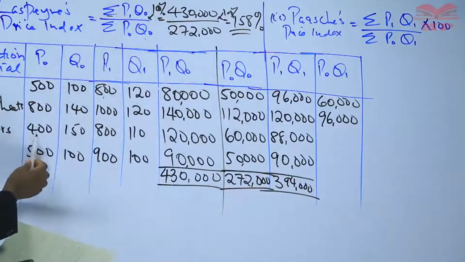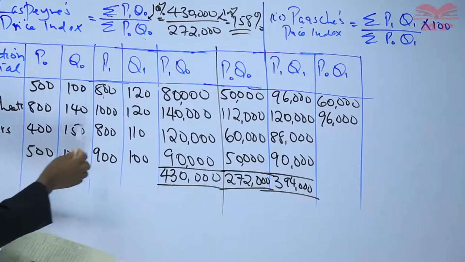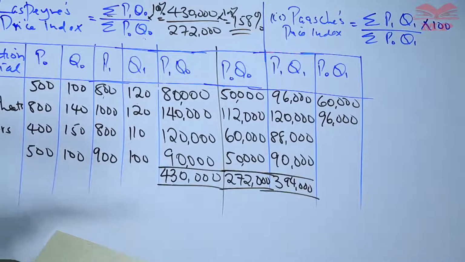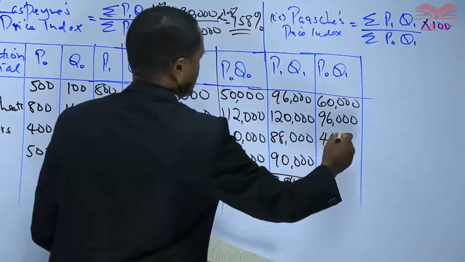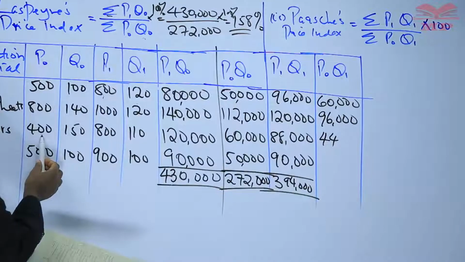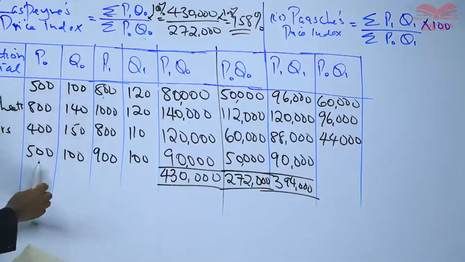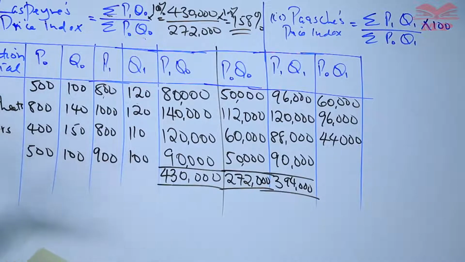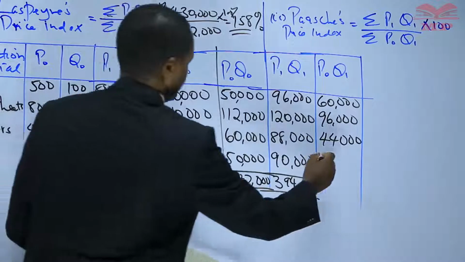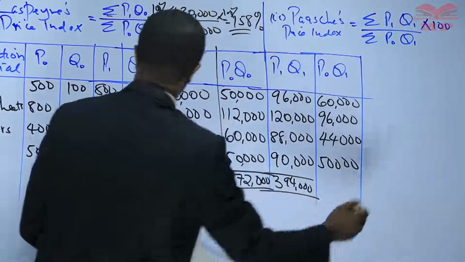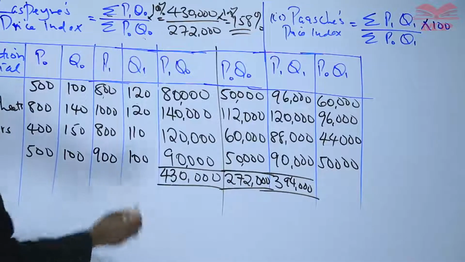Then 400 times 110 is 44, and 3 zeros. Then we have 500 times 100, which is 4 zeros.